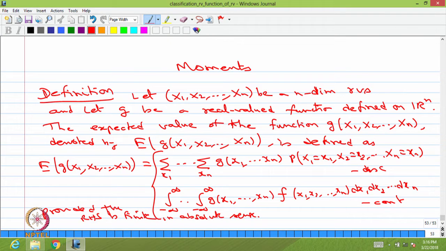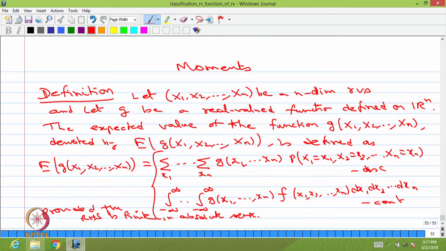This is the same thing we have done for only one dimensional random variable. When X is a random variable, g is a Borel measurable function, g of X is a random variable, one can find the value, that is expectation of g of X, with the summation if it is a discrete type random variable, integration if it is a continuous type random variable, provided the summation or integration is a finite quantity in absolute sense.